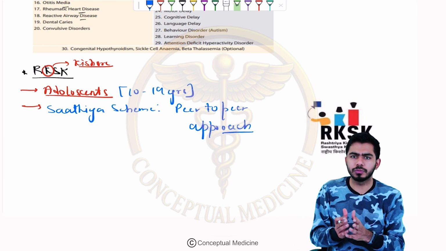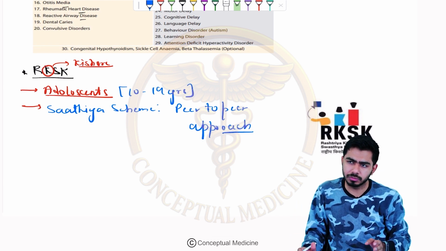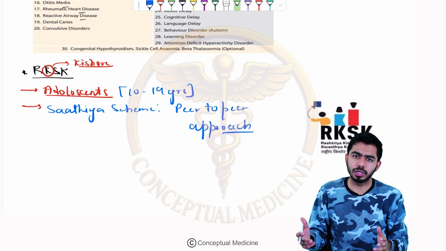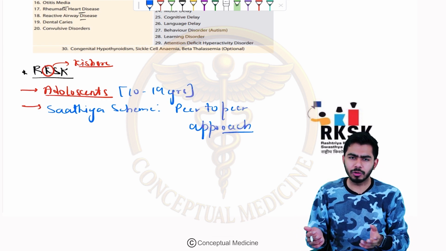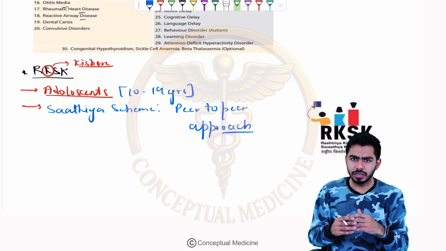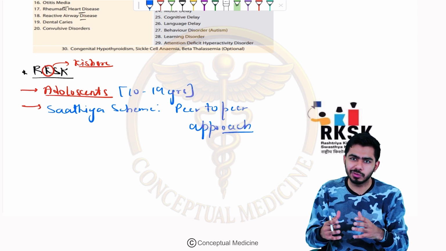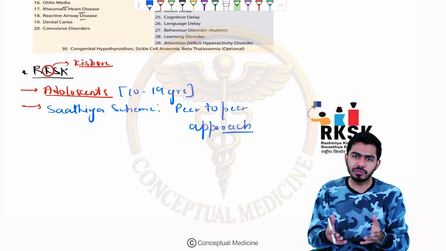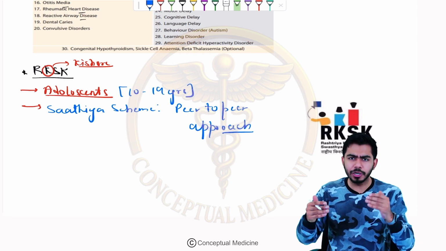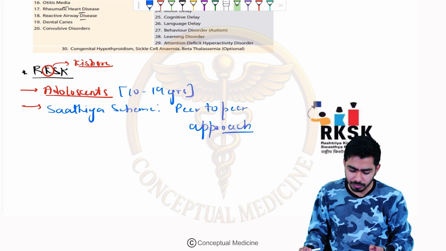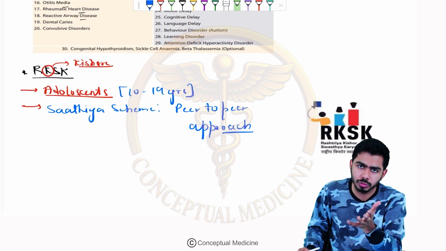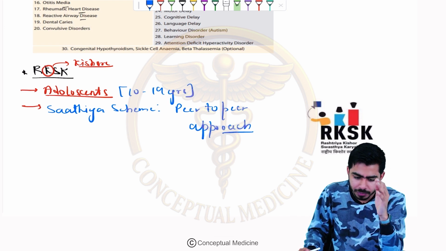They tend to hide things from the parents, because parents might be strict and they worry about what the parents will say. So they are much more comfortable telling their secrets to their friends only, and their friend circle will be the adolescent group only. That's why it's a peer-to-peer approach. Basically, that is the Sathya scheme, which is a part of the Rashtriya Kishore Swasthya Karyakram.